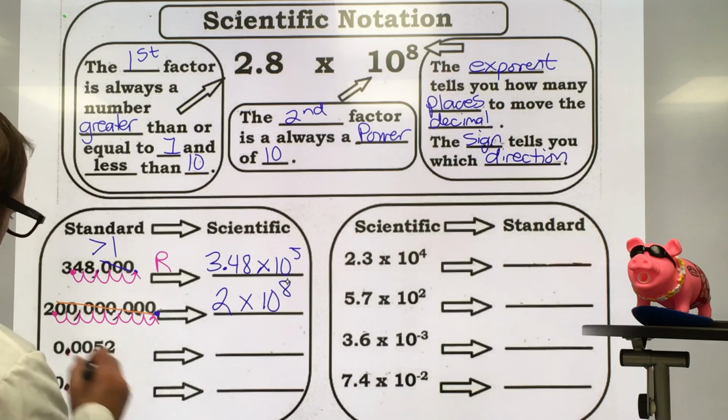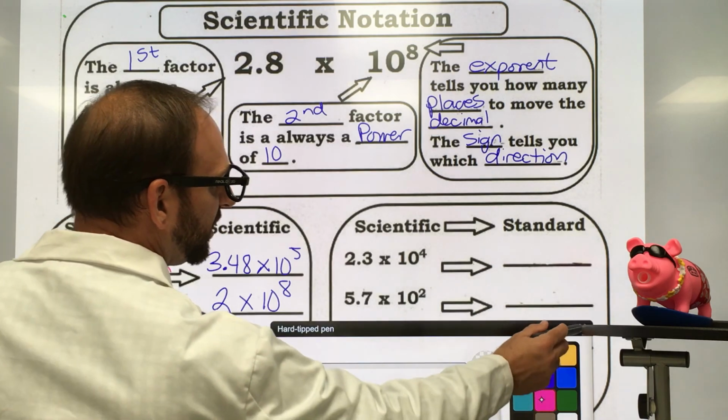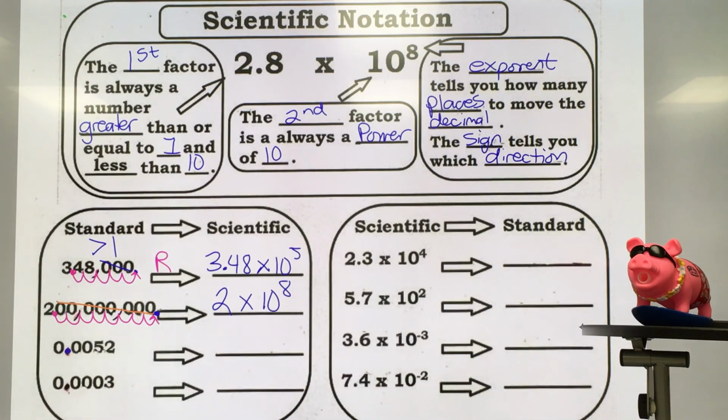Let's look at a couple of examples of numbers that are really small. So you can see already my current decimal is here. Now I want to, again, place a new decimal to create a first factor greater than or equal to 1 and less than 10. That would be between the 5 and the 2. Then I'm going to count from my new decimal to my original. 1, 2, 3. This time I went left.